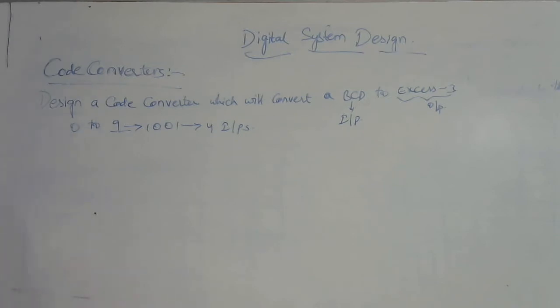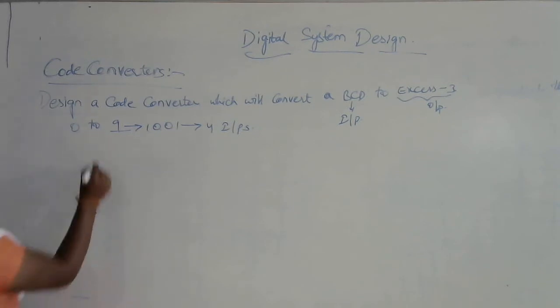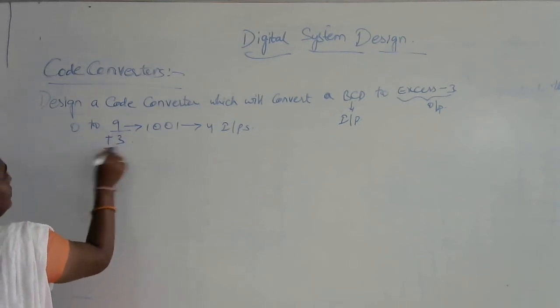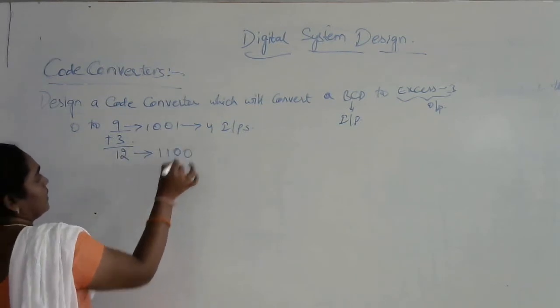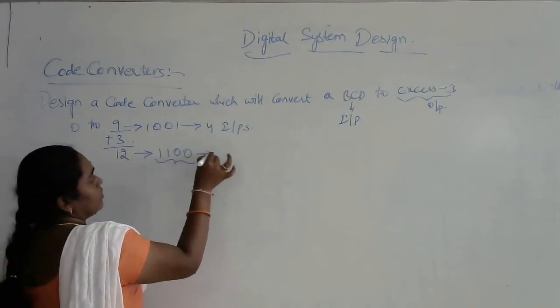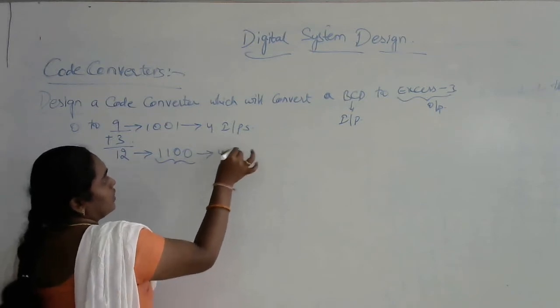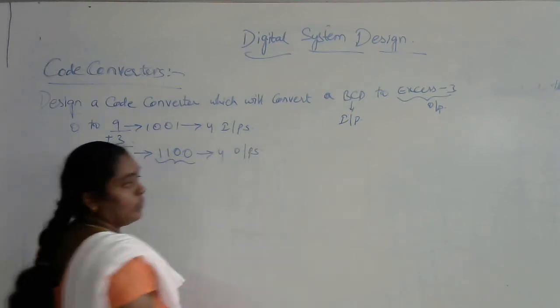And XS3 code is nothing but adding plus 3 to each and every individual digit. So here 9 plus 3 is equivalent to 12. The 12 equivalent is 1100. For 1100 also we have 4 bits, so the number of outputs required is also 4.